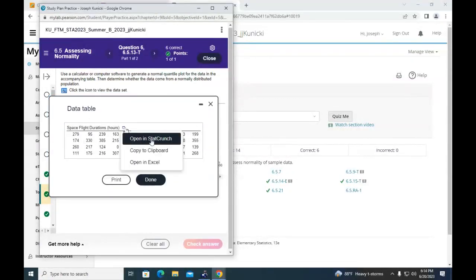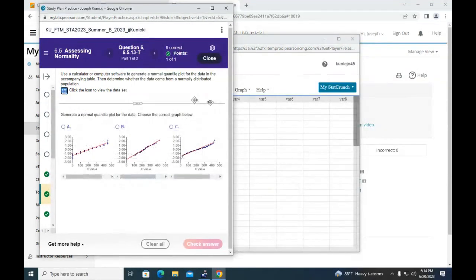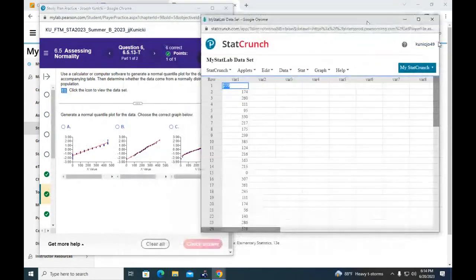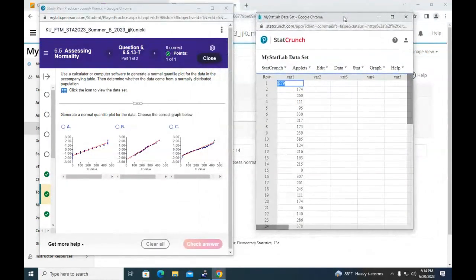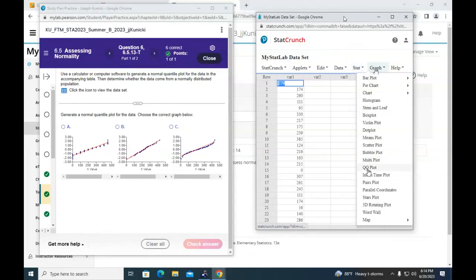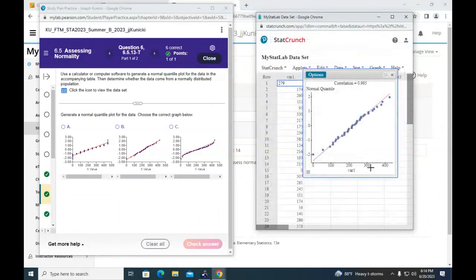I open the data in StatCrunch and do a graph, QQ, variable 1, correlation, normal on the Y, compute. And looks pretty good. The correlation's really high, 0.995.